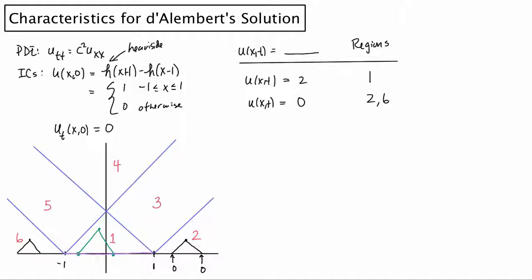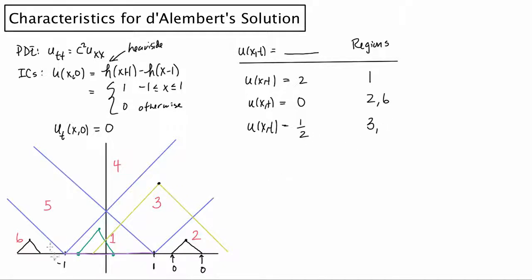So let's just look at region 3 now. In region 3, any point in here has the property that part of the characteristic ends up on the line, and part of the characteristic ends up off the starting line. So it's the average of 1 plus 0, which ends up being a half.